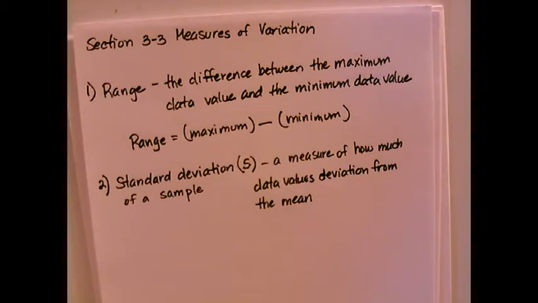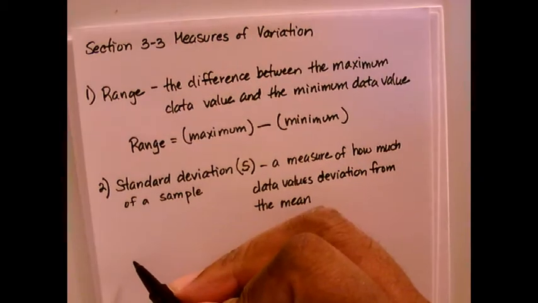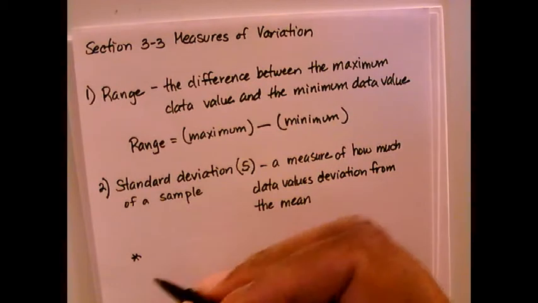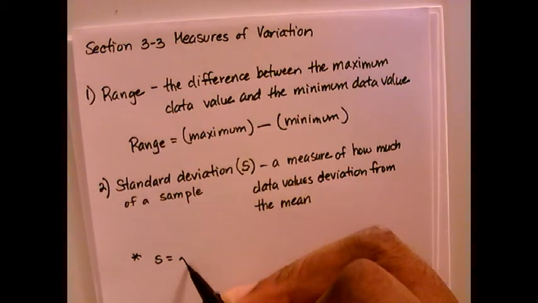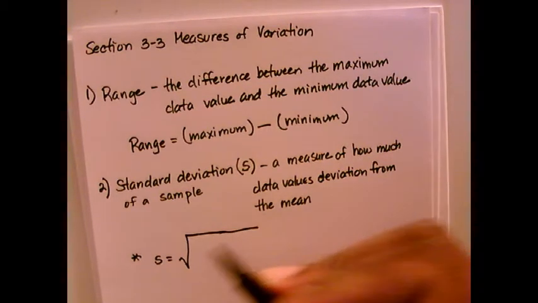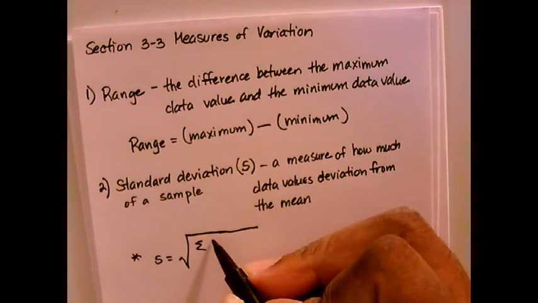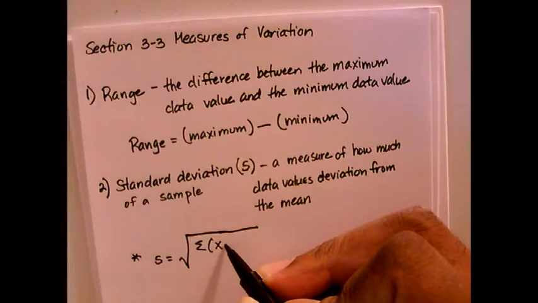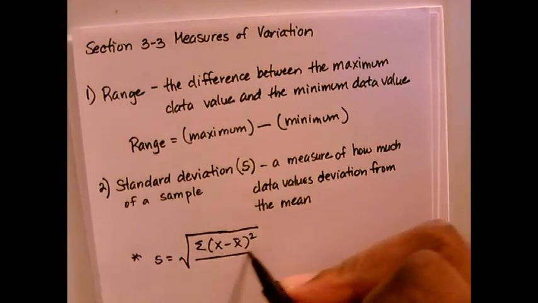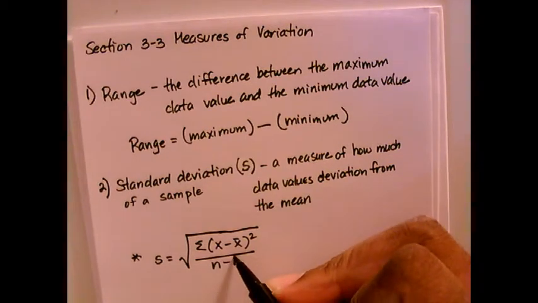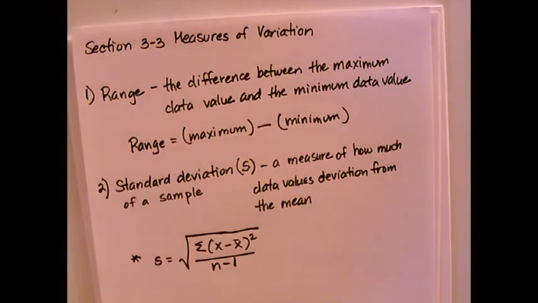There is a formula for the sample standard deviation, and we're going to look at two formulas. One of them is s equals the square root of the summation of (x minus x bar) squared, divided by n minus 1, all of this underneath the square root symbol.